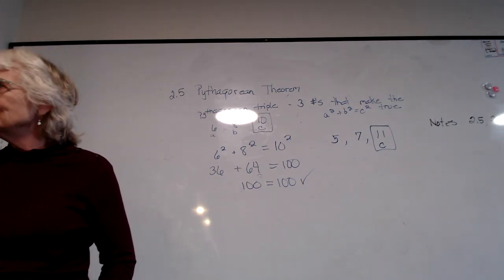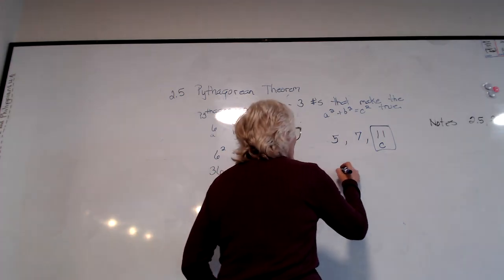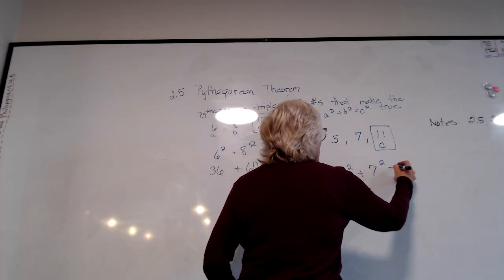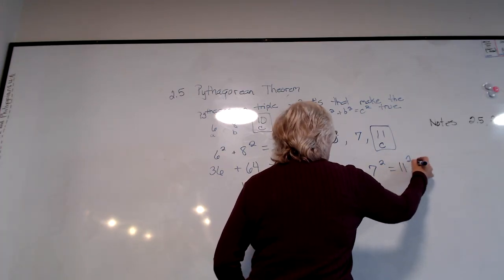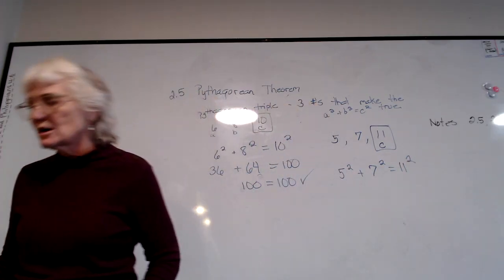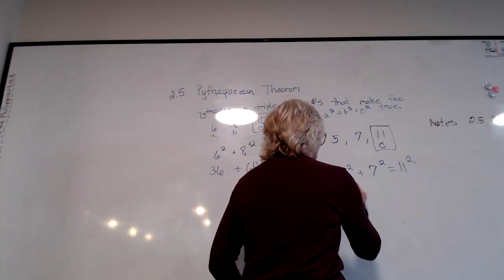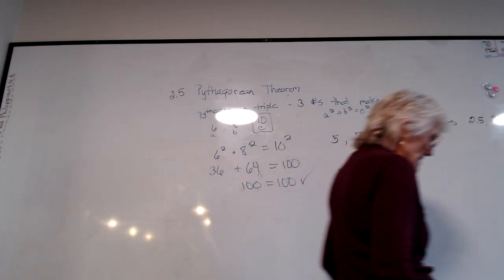One's A, one's B. So we're going to check. 5 squared plus 7 squared equals 11 squared. Ooh, now I'm asking you to do some harder work. Okay, Hayden, what is 5 squared? 25. Peyton, what is 7 squared?